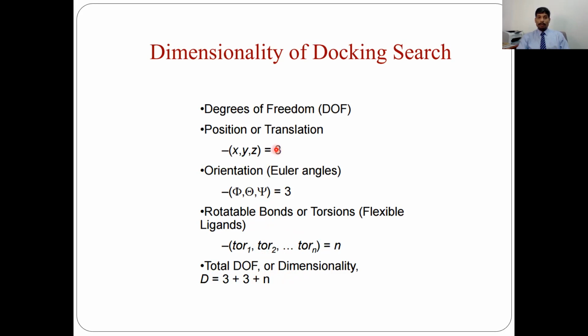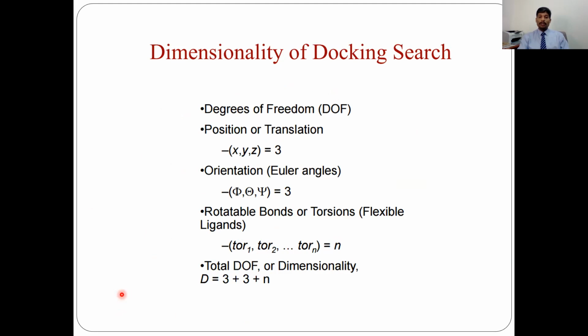Coordinates can change, orientations can change, and torsion angles can also change. Torsion angles depend on how many atoms and how many bonds are present in the molecule. So all these different kinds of freedom.